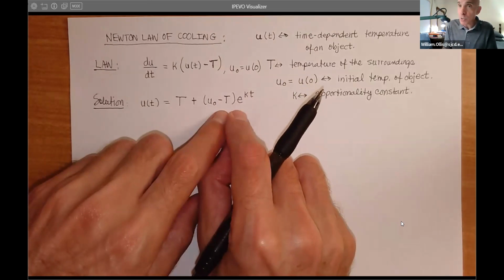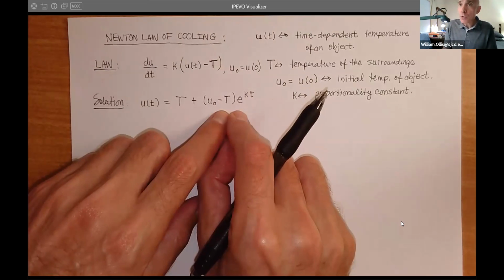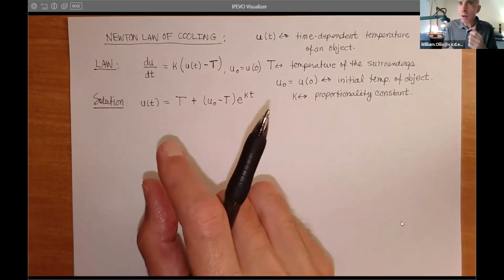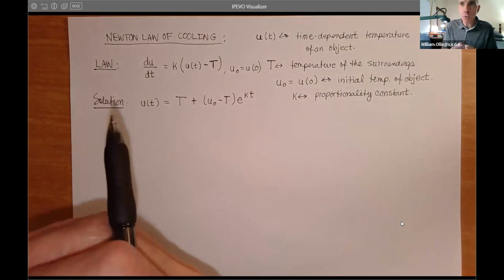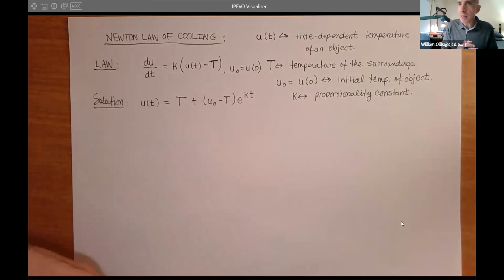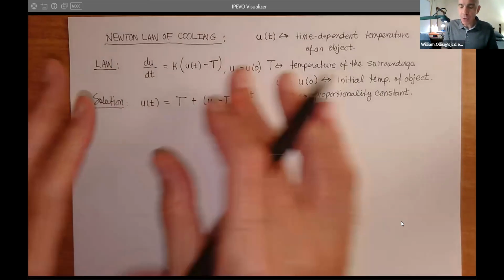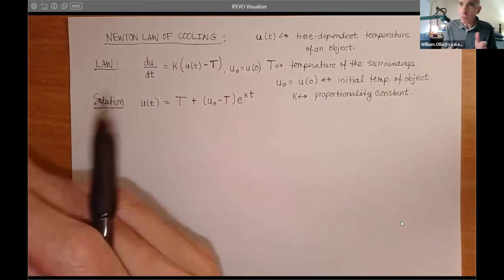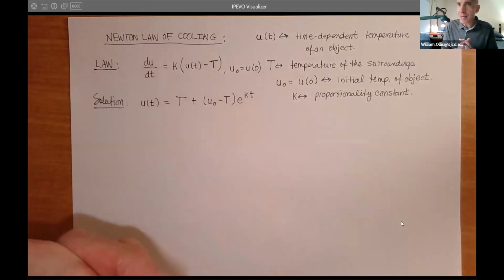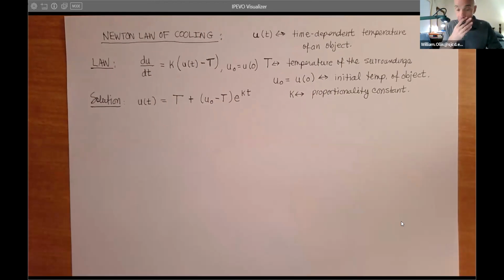This term has to decay. So Newton's law of cooling is probably much more intuitive to us than the growth and decay law. I think when Newton devised this, he probably thought, well, I'm glad I have some mathematics to support what we experience every day. So now let's look at some examples.